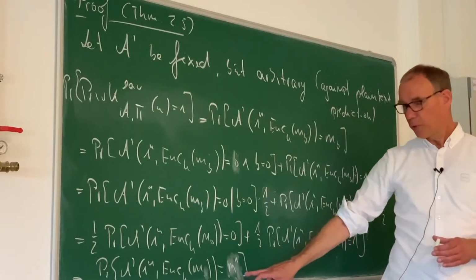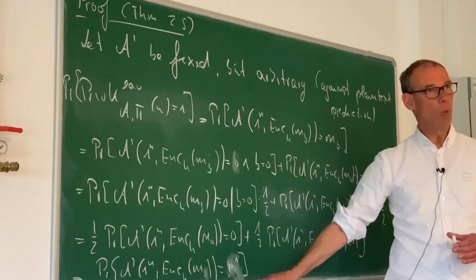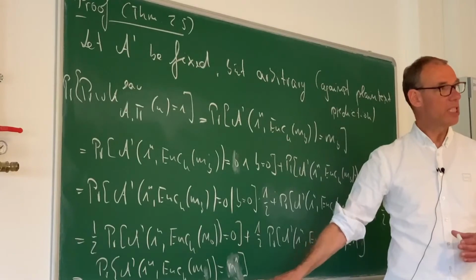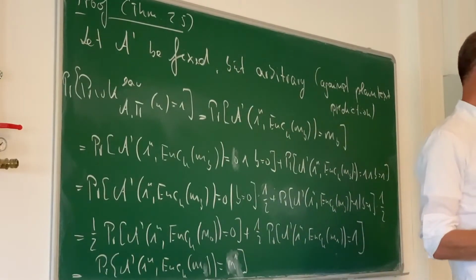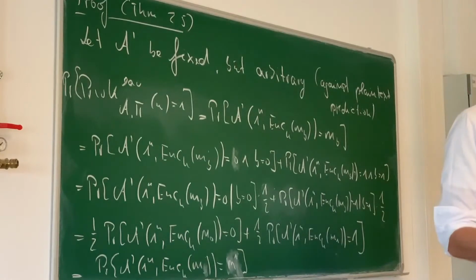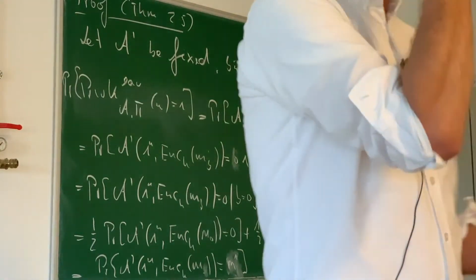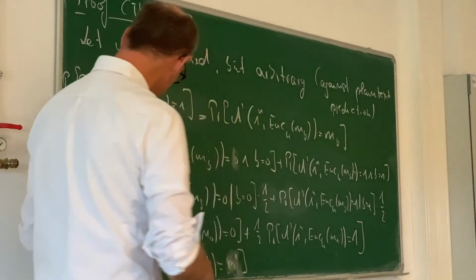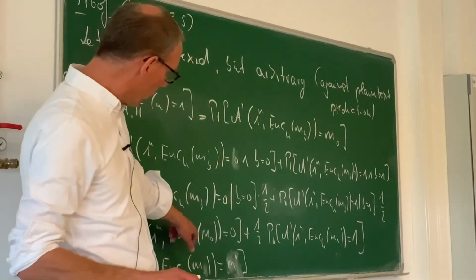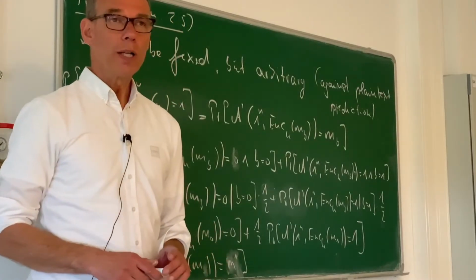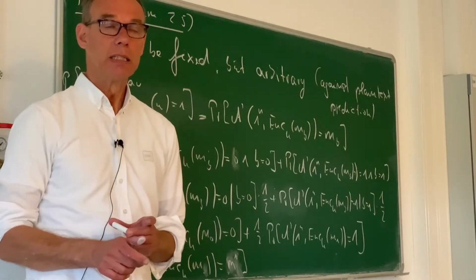This is exactly the probability that A1 succeeds in his own prediction game. Why is that? Here, if I look at this, what does A get here?